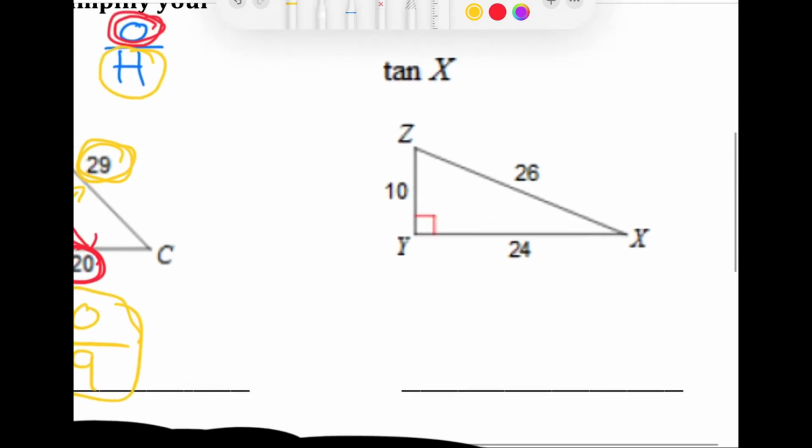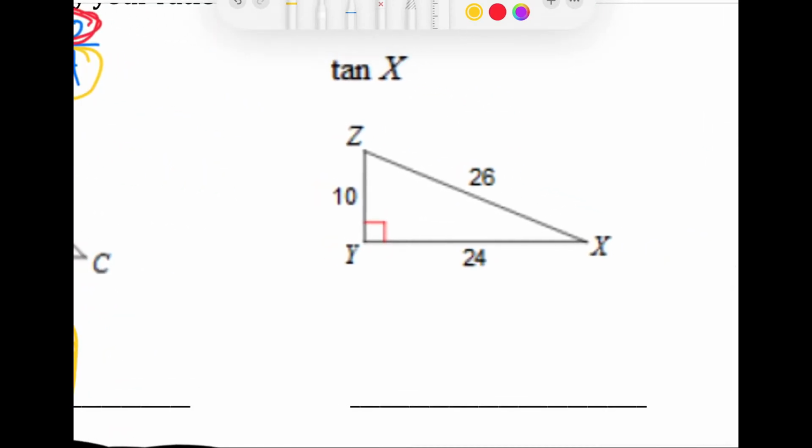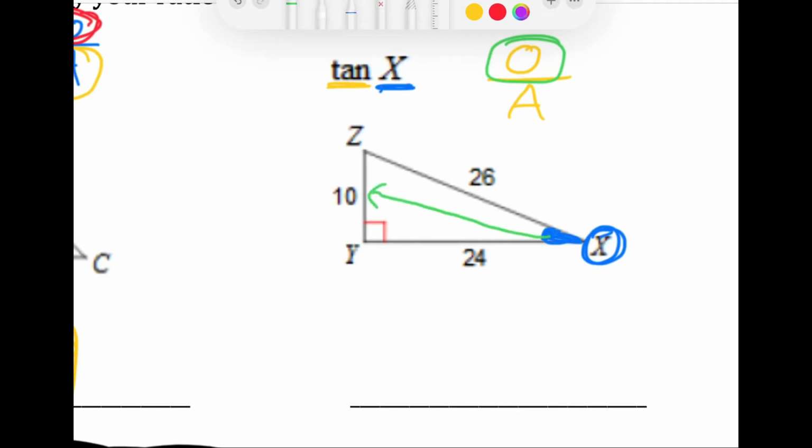And then lastly, let's try a tangent. So tangent is opposite over adjacent. We are looking at angle X. So angle X is down here. Our opposite side of angle X is going to be across, the one that does not touch the angle.